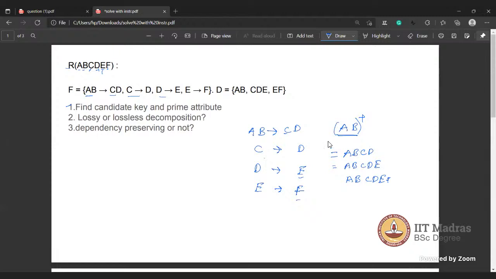So AB is a candidate key, and the prime attributes will be A and B.